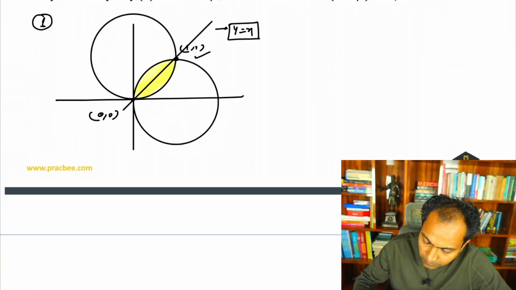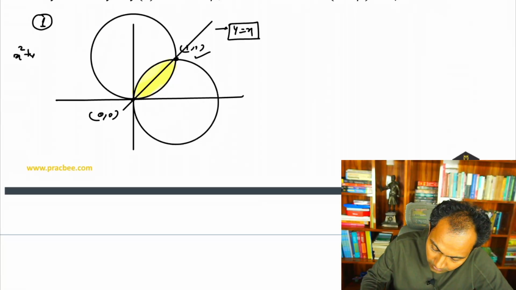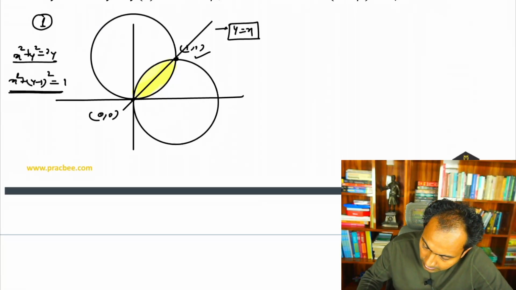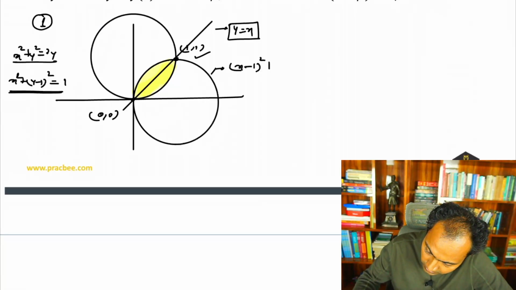Now this upper curve is x square plus y square is equal to 2y. So its center is nothing but at (0, 1). And this one is nothing but, in fact we already did, (x minus 1) whole square plus y square equal to 1.